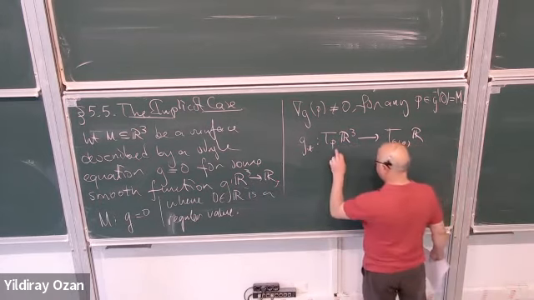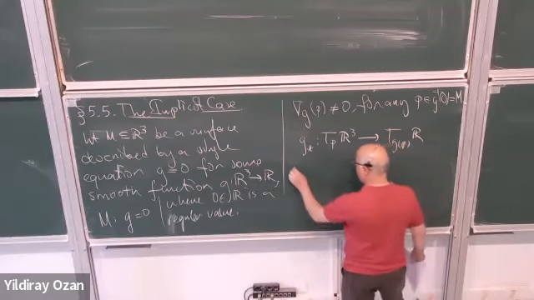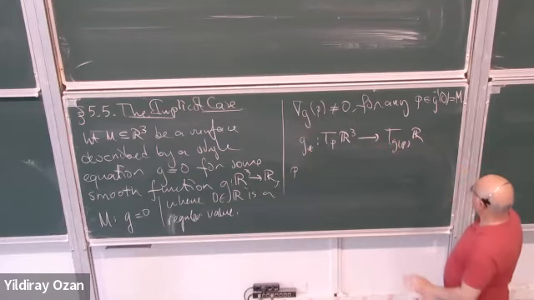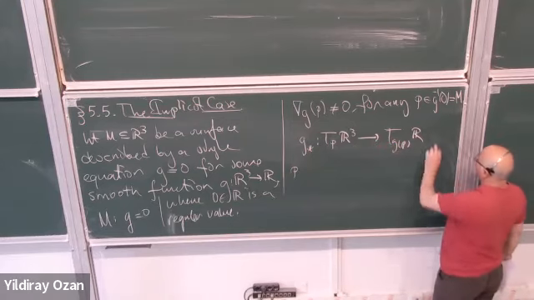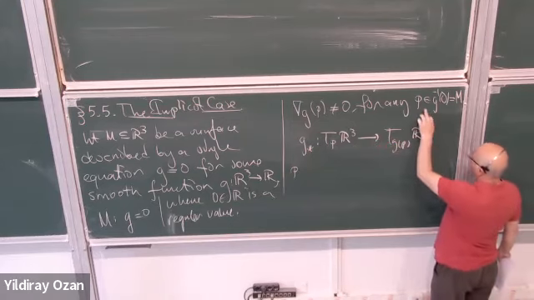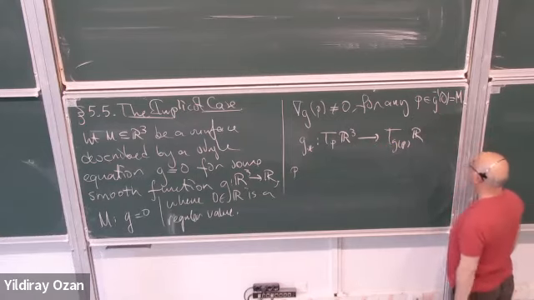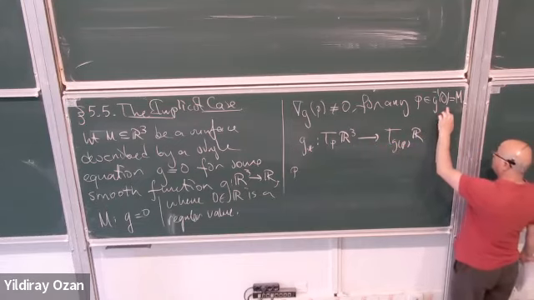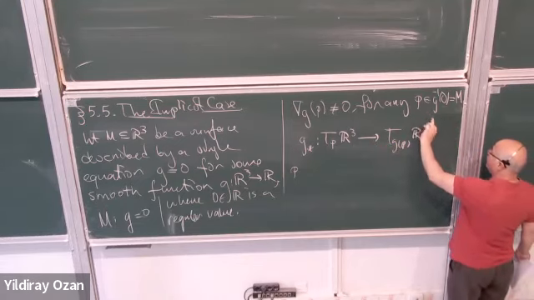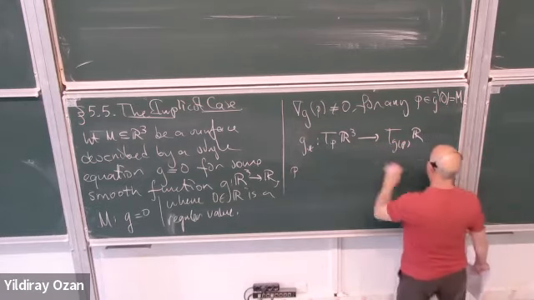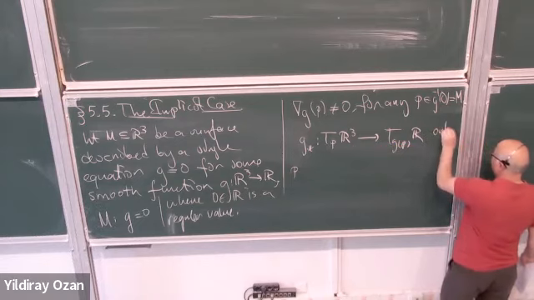And this is a point in R3, but I ask that 0 is a regular value, meaning that at any point in the inverse image of 0, this map is onto. I want this map to be onto.